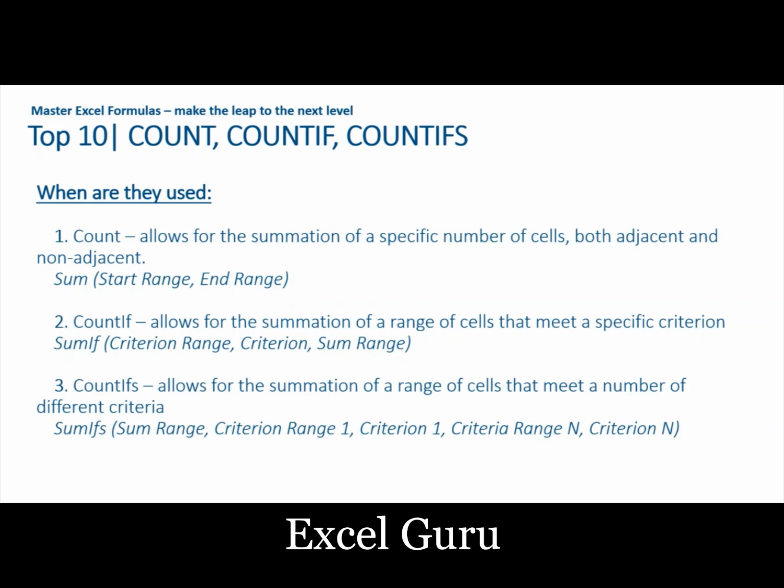You need to count a number of specific cells, and obviously you have count if and count ifs, which basically allow for a condition to be inserted as well. Exactly the same logic as the previous two, but obviously in this case it is counting, it is not summing, it is not averaging, it is counting.